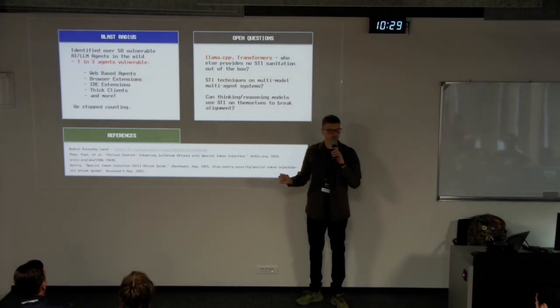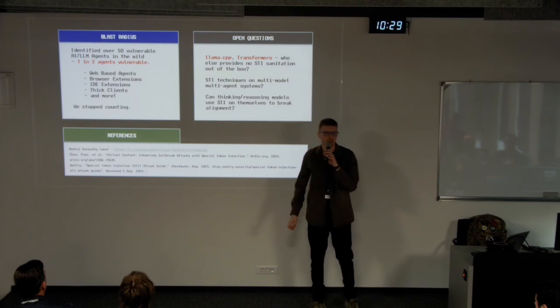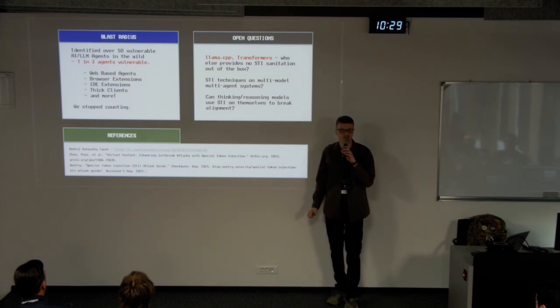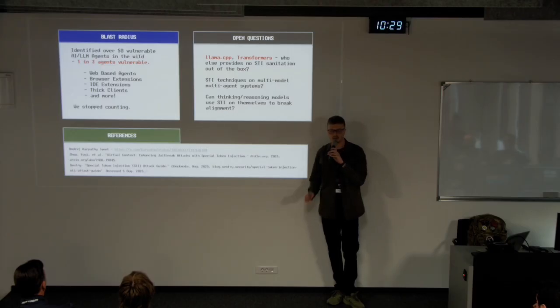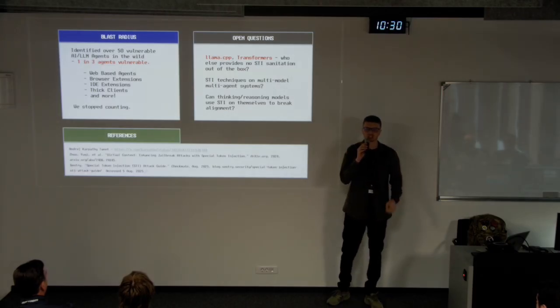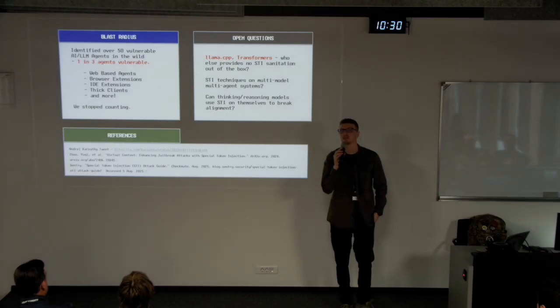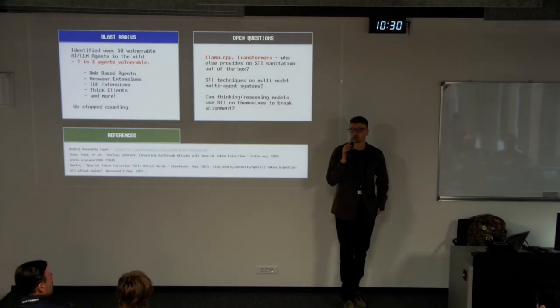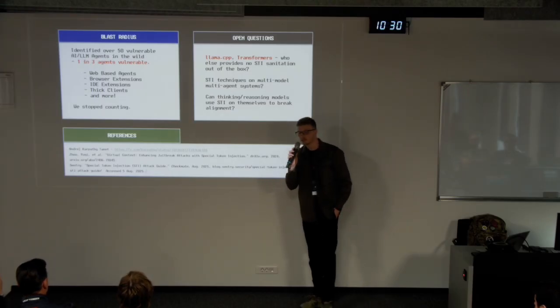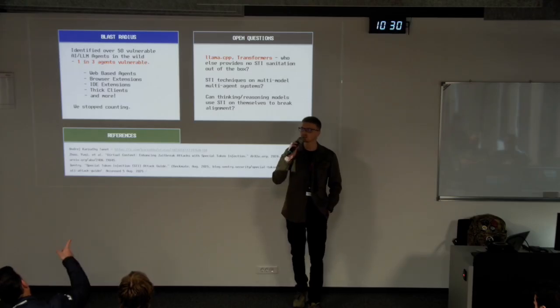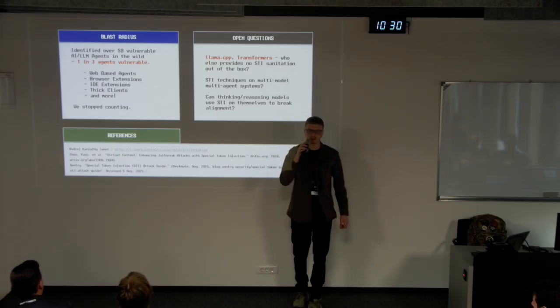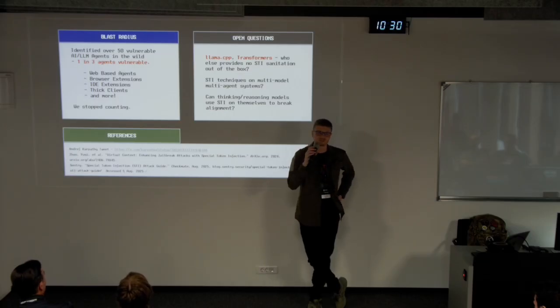Throughout our research, we have identified lots of vulnerable agents in the wild. Through special token injection, we have validated that 1 in 3 agents are vulnerable to special token injection. One thing we had as open questions: our research was mainly conducted in Llama CPP and the Transformers library.